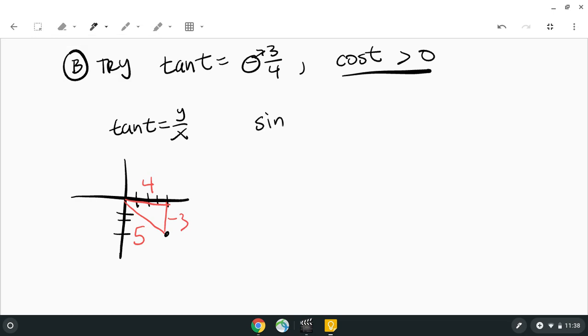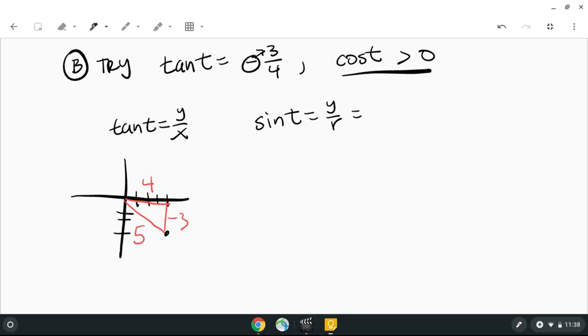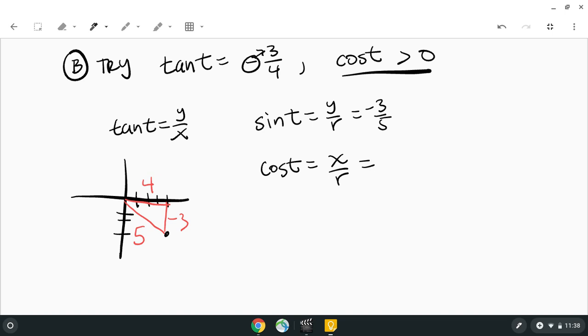So sine t is y over r. So that's going to be -3 over 5. Cosine t is x over r. So that's going to be 4 over 5. Tangent t is y over x, and that is -3 over 4.